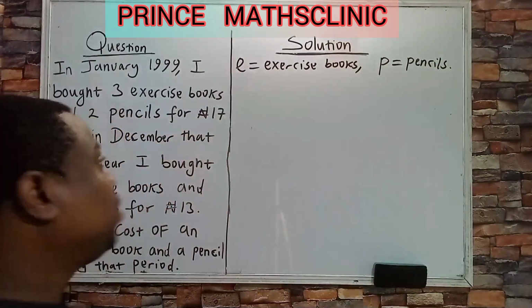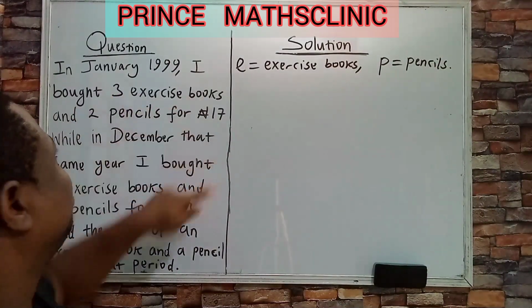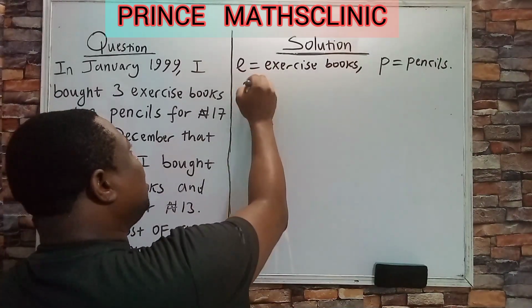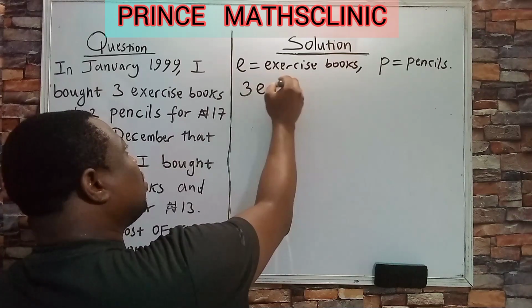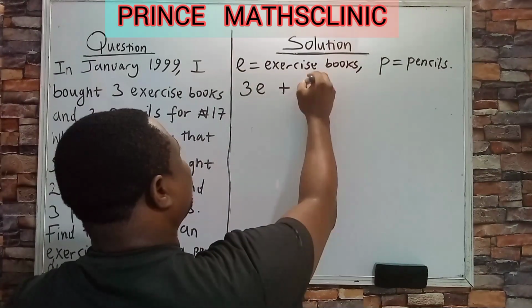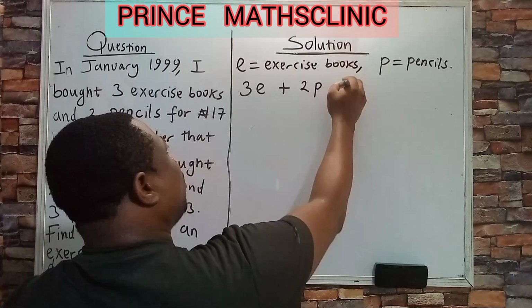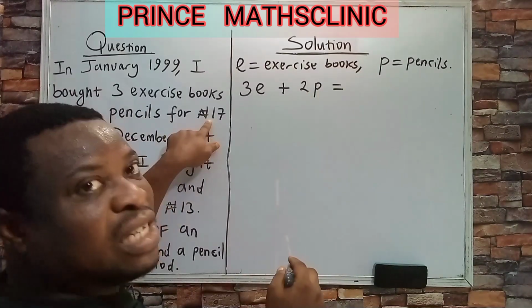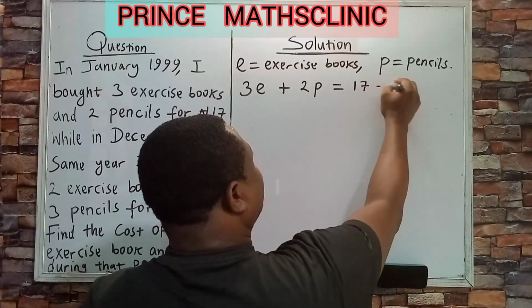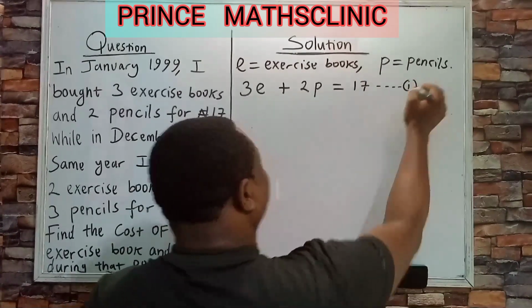Now, the question says 3 exercise books and 2 pencils. So I'm going to say 3E plus 2P cost what? 17 naira. I'm going to put 17 here. This is my equation 1.